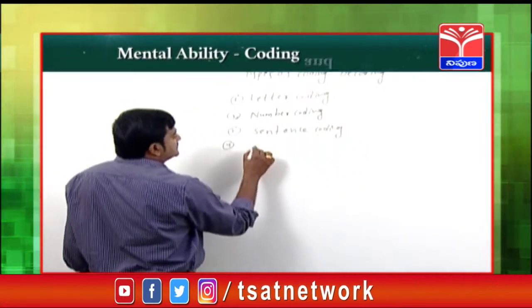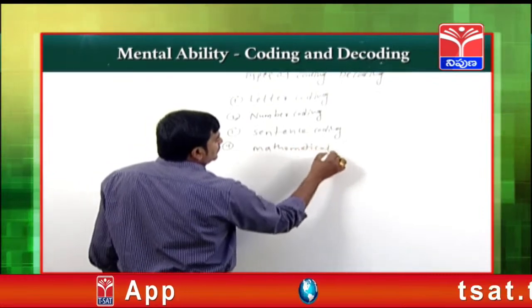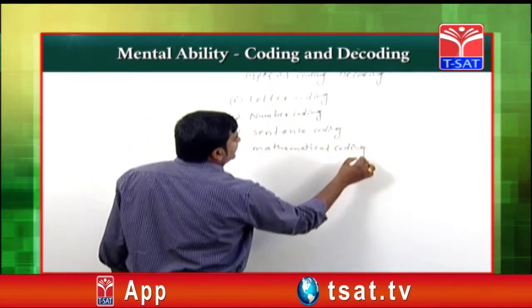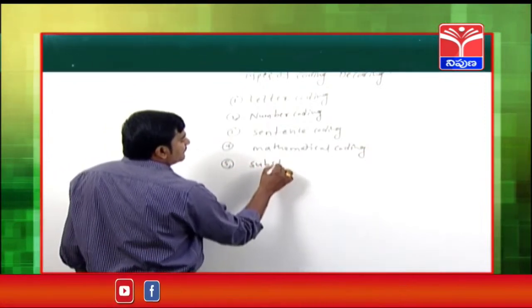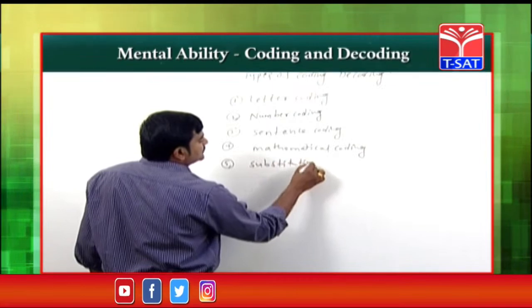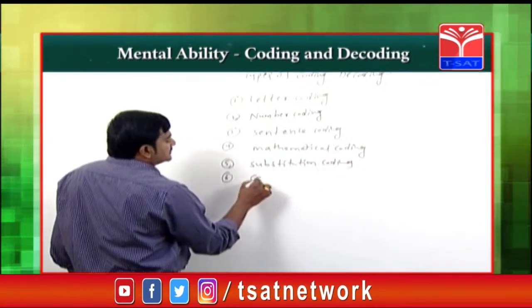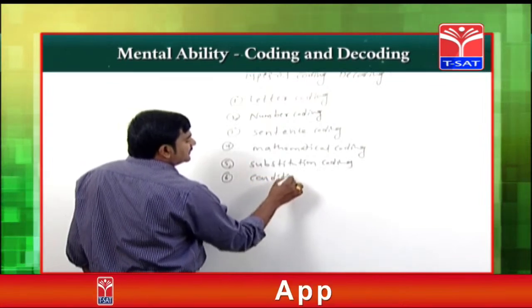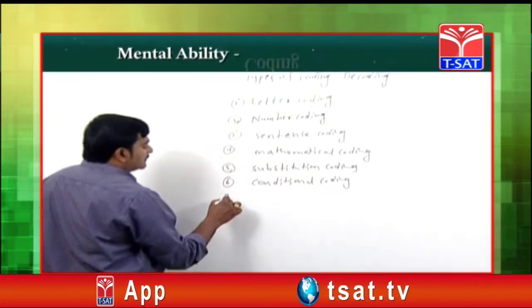Similarly, the fourth one is mathematical coding, and similarly substitution coding, and conditional coding. The final type is matrix coding.